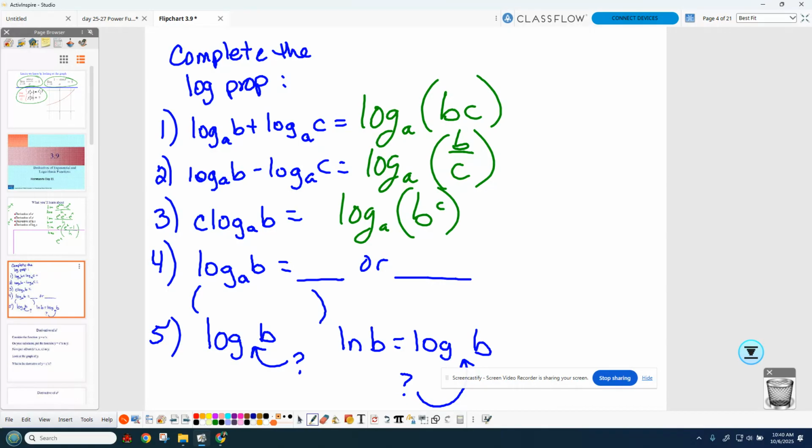Okay, 4 is asking us to do change of base. Do you guys remember how to do that? Yeah. Monica, how do I do that? Base goes in the basement. That one goes underneath.